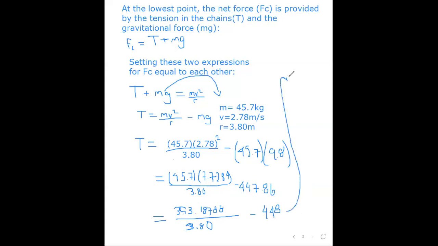So the final answer is approximately 92.92 newtons. That's what you should have gotten for the tension. I'll give you about 5 minutes to copy it down, and then we'll go to the next question.